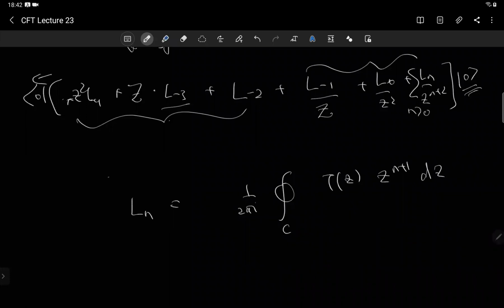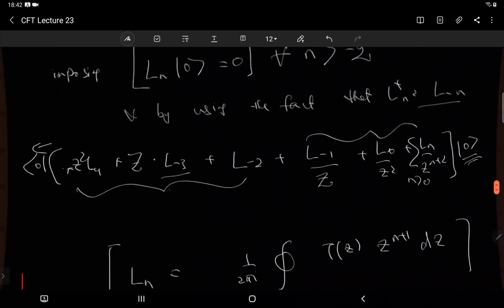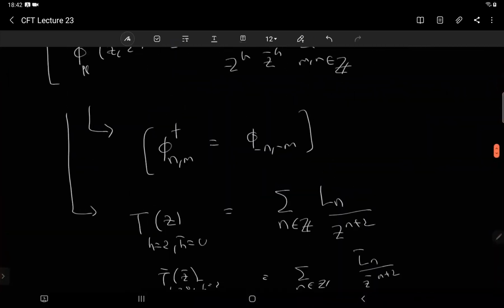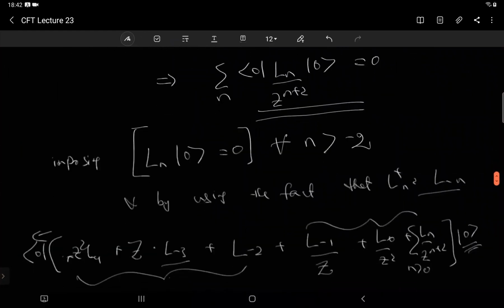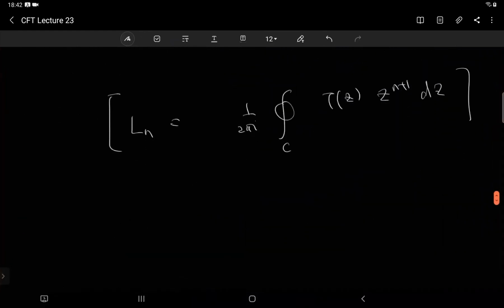So this you can formally write Ln like this, because we are just inverting the relation, the mode expansion, that is, multiplying by z to the n plus 1 and integrating with 1 over 2 pi i, you get this expansion.